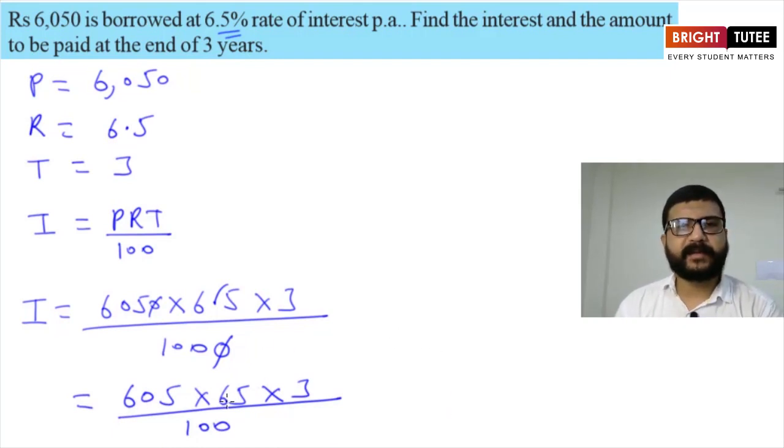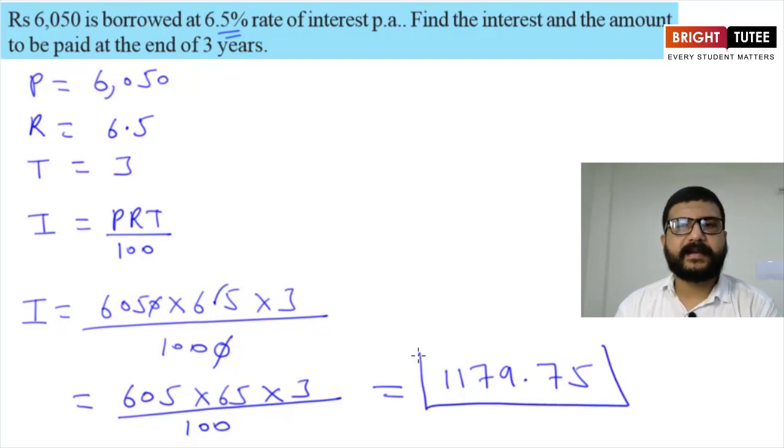Now we can simplify this. We can find the product by using the usual multiplication method. We will get 1179.75. So this is the interest.